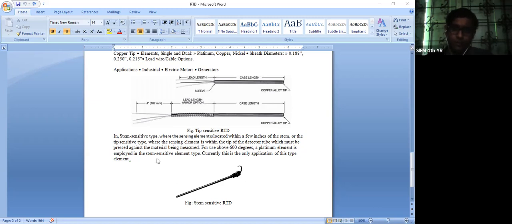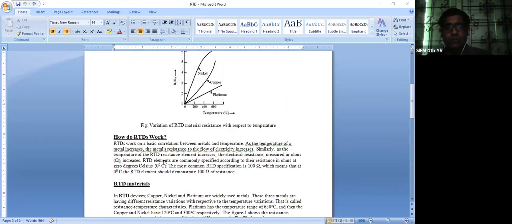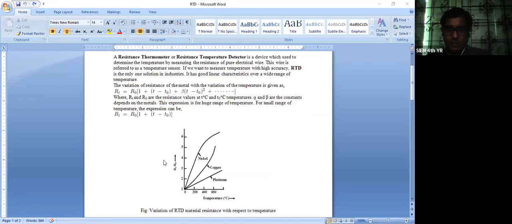Your answer will be that a platinum element is employed for the stem sensitive type RTD. Currently this is the only application of this element, to measure temperature more than 600 degrees. So in brief, this is as per the syllabus, this you need to study.